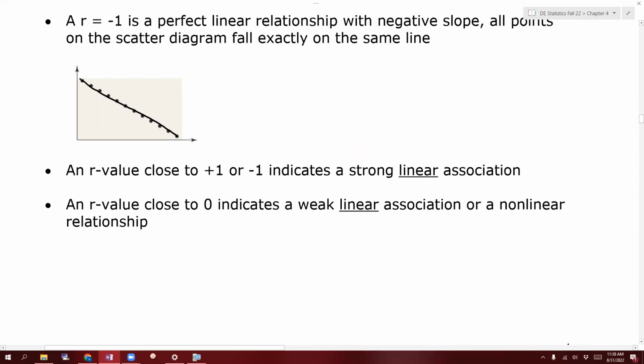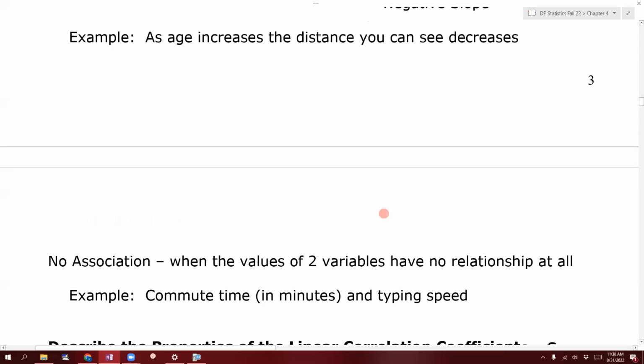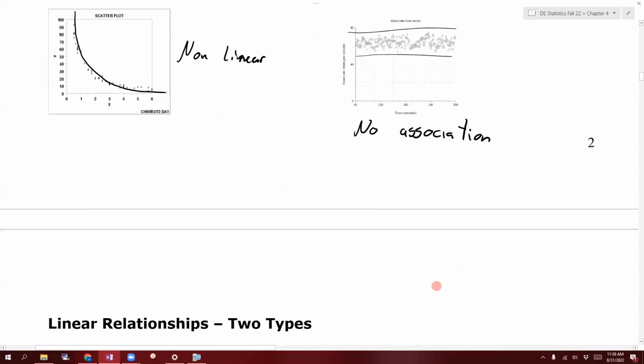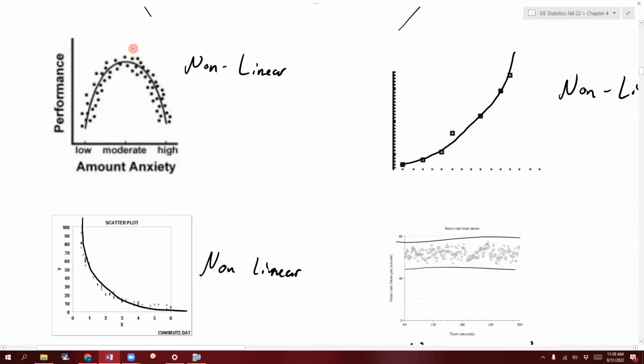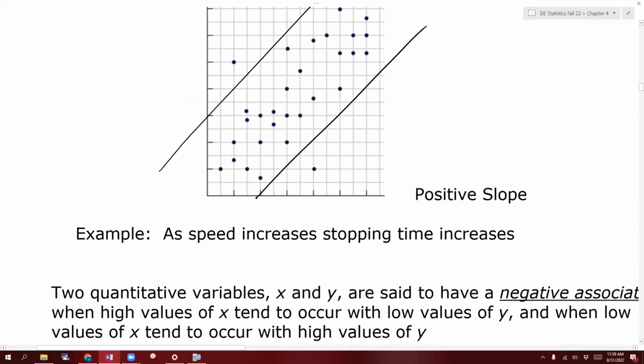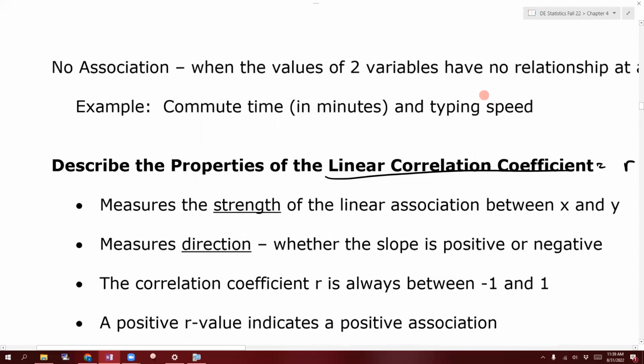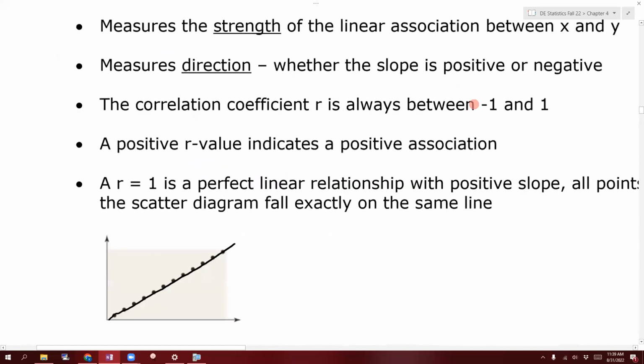If you look at a quadratic regression, so if we go back up to our different types of graphs, and we look at this one right here, there's clearly a relationship between X and Y. But because it's not linear, our R value is going to be close to 0. R is only used in this class for our linear relationship. So it does not work on non-linear relationships.